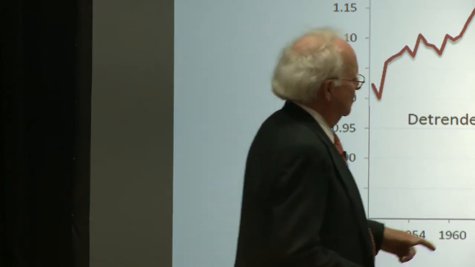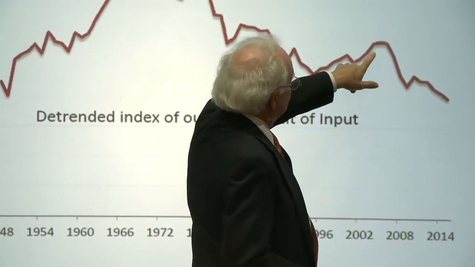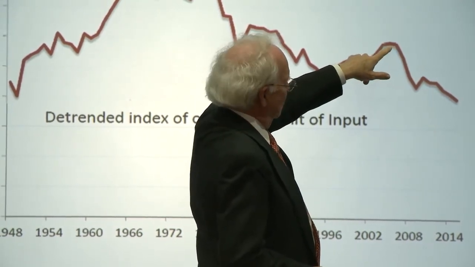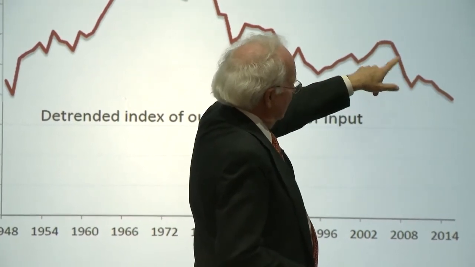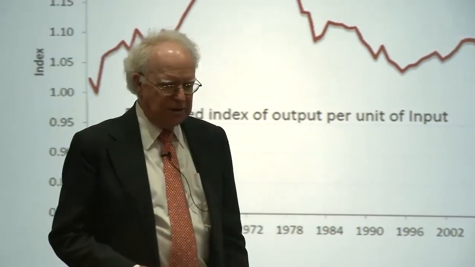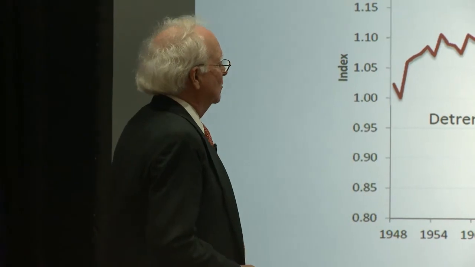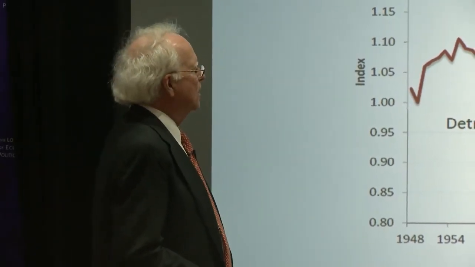And notice that the falling apart occurred before the crisis. So here we are. The apex of this boom was around 2004, and then pre-crisis it started down, and then it's continued down. There's a certain amount of noise in productivity numbers, so you shouldn't take each annual change seriously, but the trend has been very, very adverse.